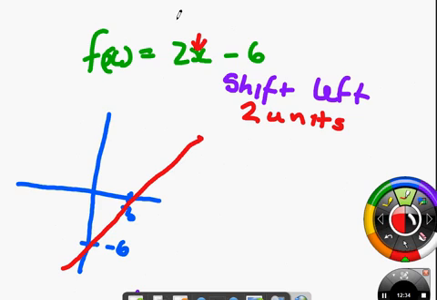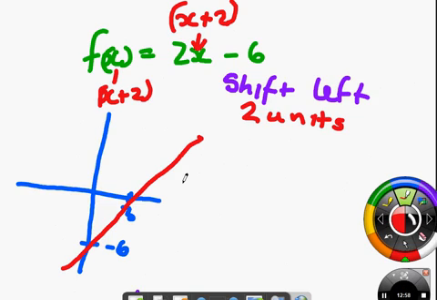This means if I'm shifting to the left, then plus, because I'm shifting it by 2 units, my x will become x plus 2, which means that even here I will no longer have f of x, I will now have f of x plus 2. So you are sort of replacing x with x plus 2.